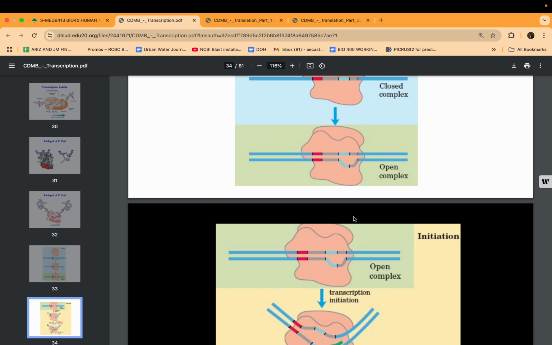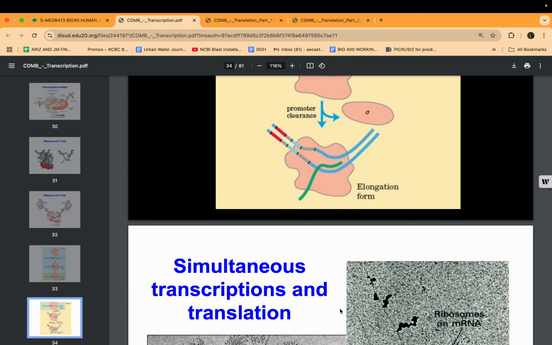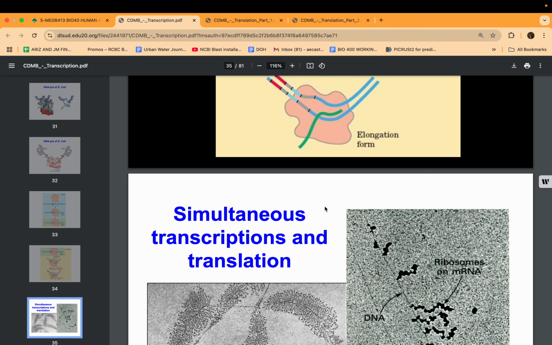Opening will now allow for reading of the antisense strand, so that an RNA transcript, colored green here, will keep on elongating. And then eventually it will be terminated.